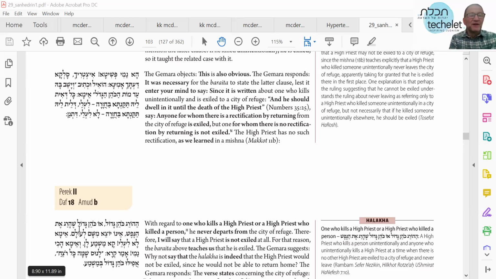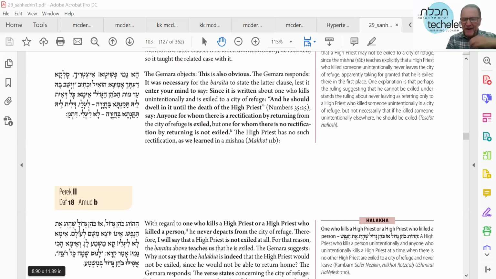So the poor fellow is stuck there forever because there was no Kohen Gadol after he had committed that offense, and there was no Kohen Gadol at the time when he was convicted, because he was dead, and so therefore there is no Kohen Gadol to die. So if there's no Kohen Gadol to die, he can't be released, because you can only die once, and so he's stuck there forever. That's what the Mishnah in Makkot tells us.